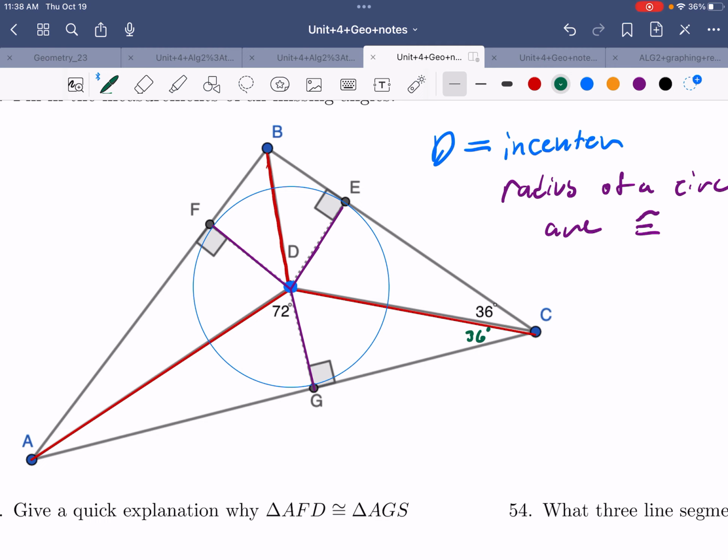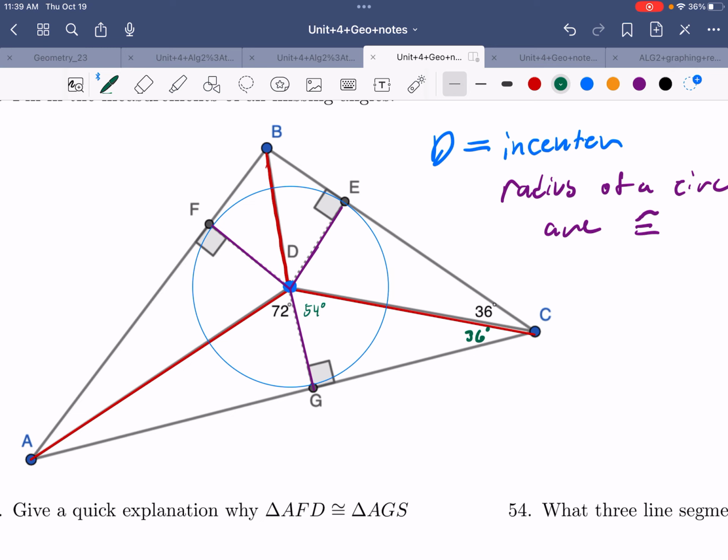And if that's 36 degrees, I notice that I have a right triangle here, and since it's a right triangle, the two angles have to add up to 90. They have to be complementary. So adding up to 90 is going to be 54 degrees, so we're going to get a 54 there.